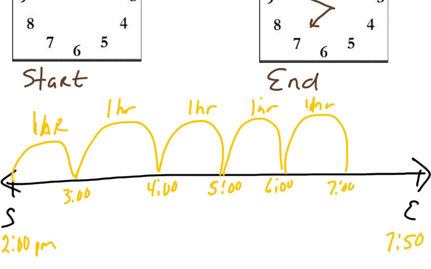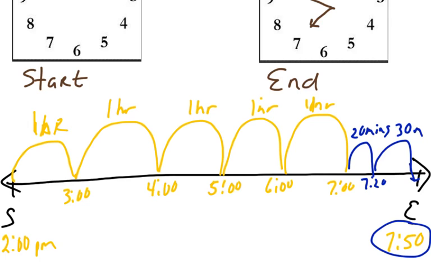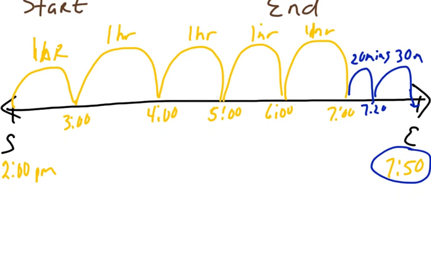You can do this in a number of ways. It's all up to you. But I'll change colors. And usually I'm going to go 20 minutes to 7:20. And then I'm going to go 30 more minutes to my end time of 7:50. And then now I'm going to count up my number of hours. So I had 1, 2, 3, 4, 5 hours.